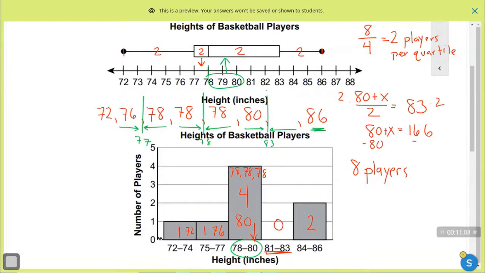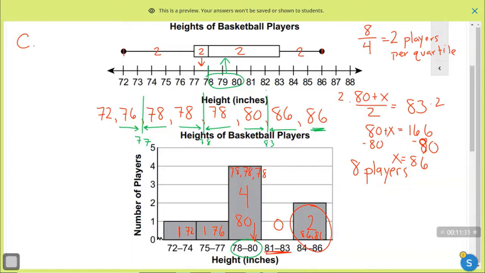And if I subtract 80 from each side, I find out that x is equal to 86, making this value 86, which is possible because it's not beyond my maximum, and I have two values in the 84 to 86 range, in which case both here are 86. Those are my data sets, and now with this piece of data, we can go back and answer C.